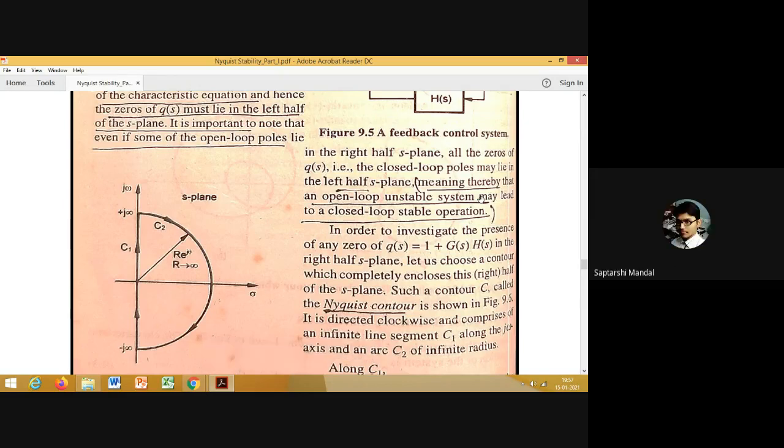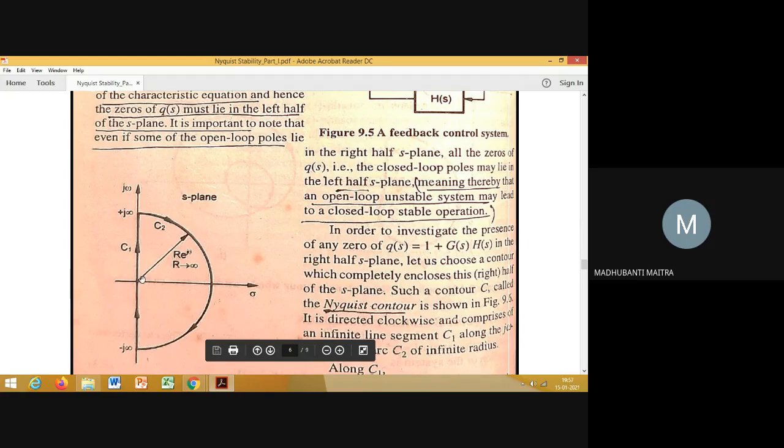Now, in order to investigate the presence of any zero of Q(s) in the right half of the S-plane, that is going to be our strategy, or that was the Nyquist strategy actually. Let us choose a contour on the S-plane which will completely enclose the entire right half of the S-plane. What is the objective?